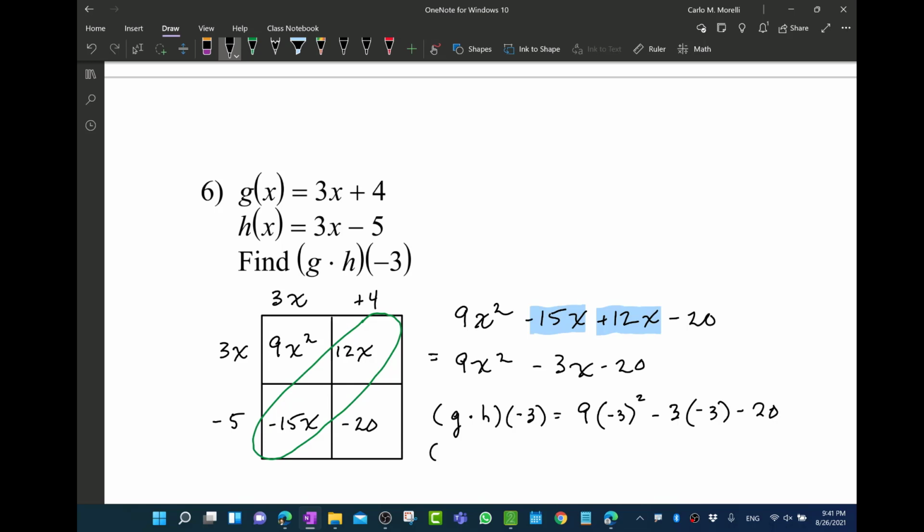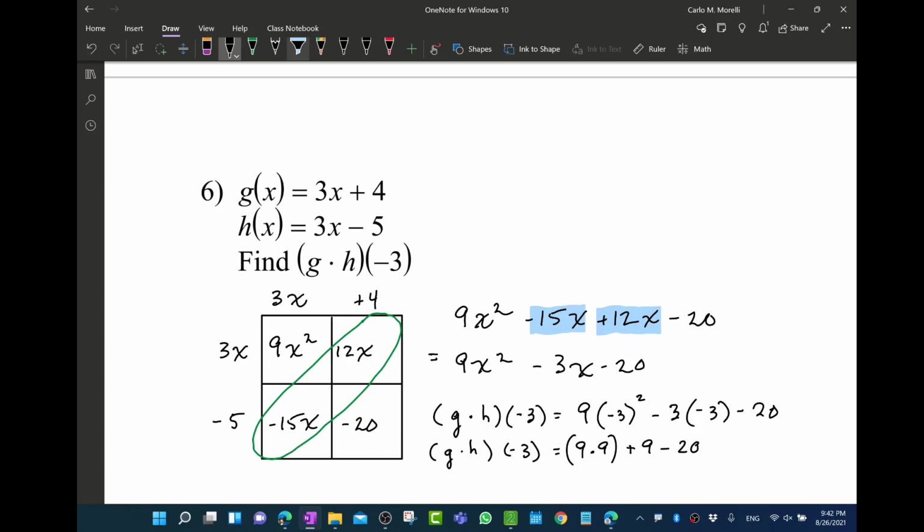Okay, so g times h of negative 3 is equal to 9. Now negative 3 squared is 9, so now it's 9 times 9. And then now you have negative 3 times negative 3, which is also 9. So plus 9 minus 20.